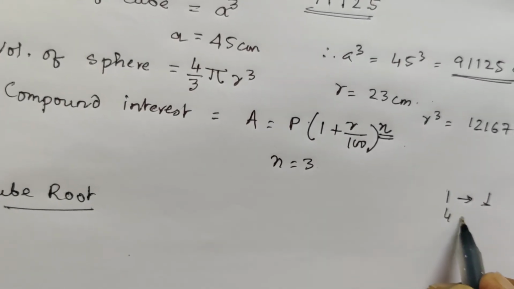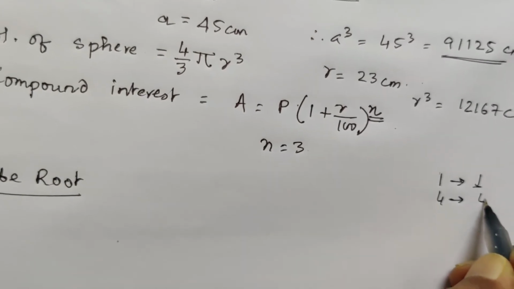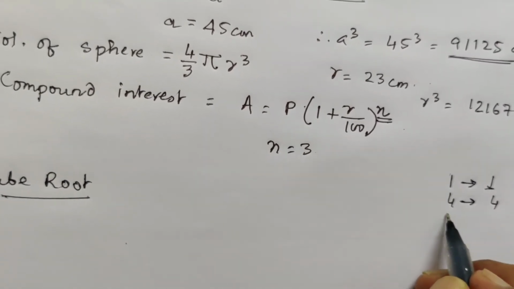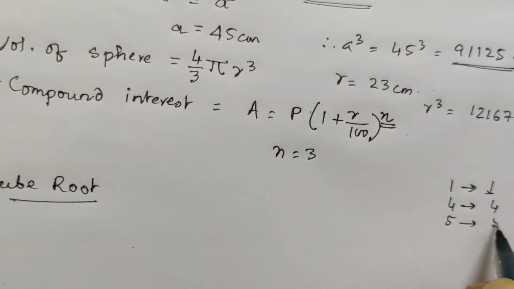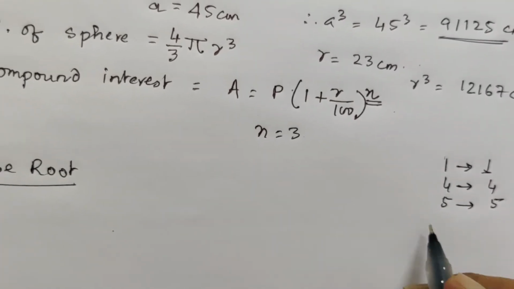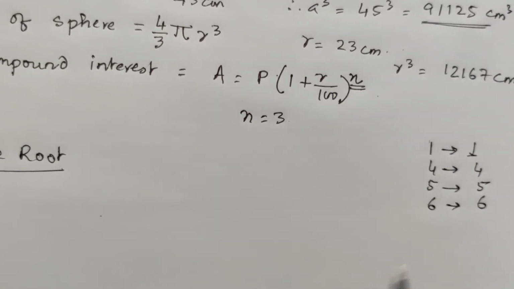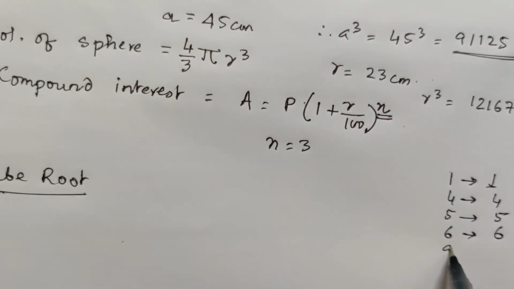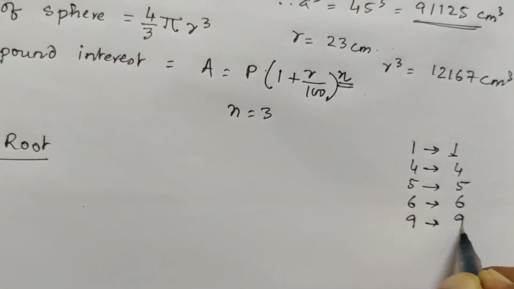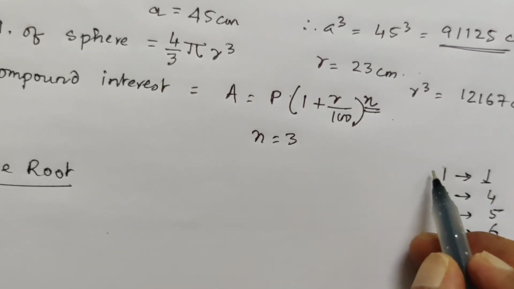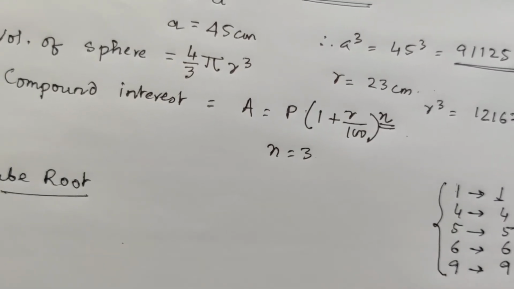If the last digit is 4, our answer's last digit will also be 4. If the last digit is 5, then the last digit of our answer is 5. If it is 6, then the answer's last digit is also 6. If it is 9, our last digit for the answer is also 9. These remain unchanged. 1, 4, 5, 6 and 9.